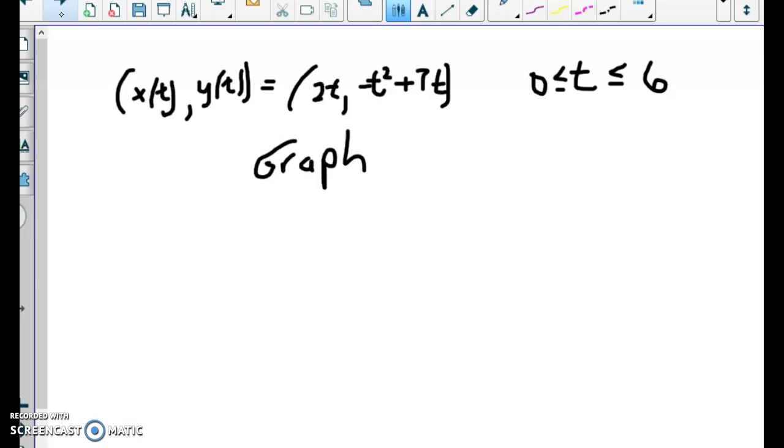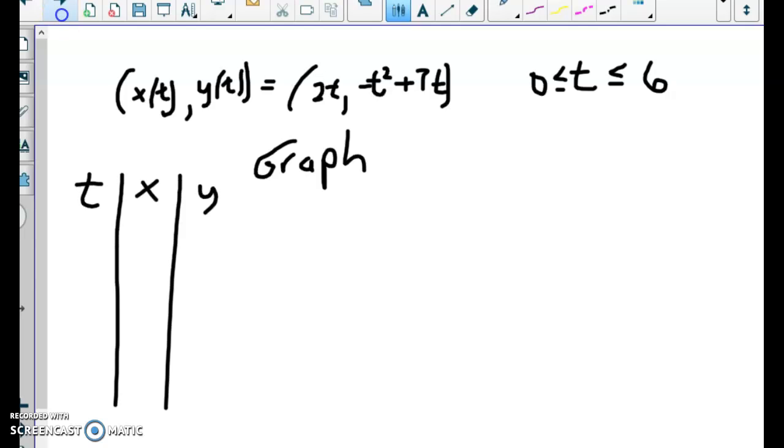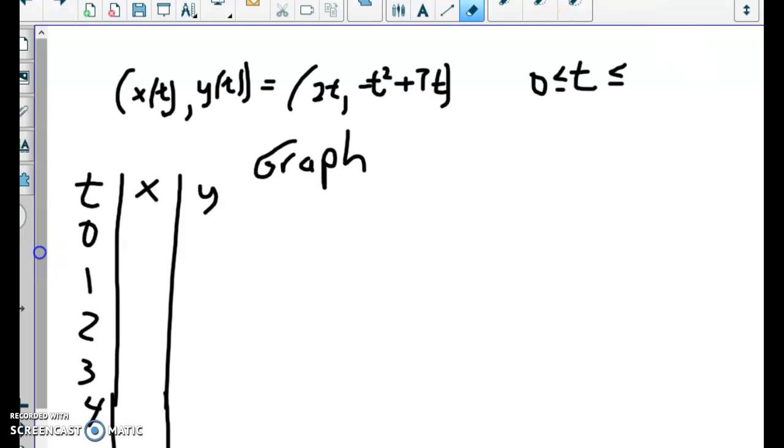this, being my first thing. I want to graph it, so I'm going to have a t variable, an x variable, a y variable, and since my t starts at 0, I don't know if I want to go that far. Just for my ease, I'm going to change that to a 4.